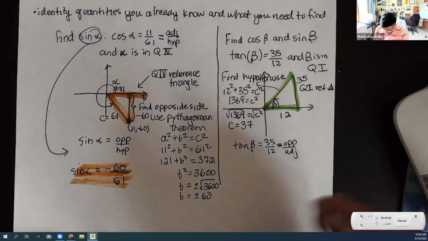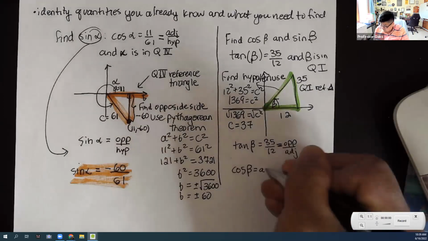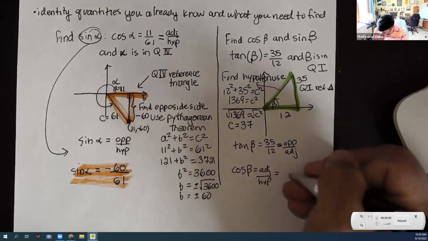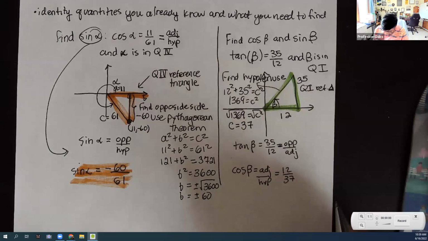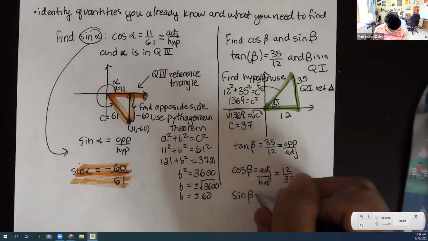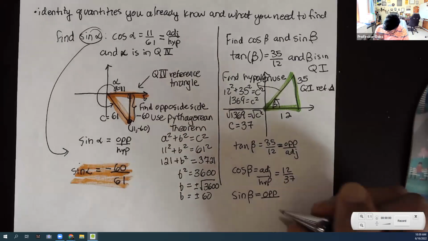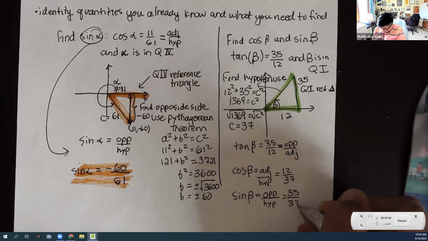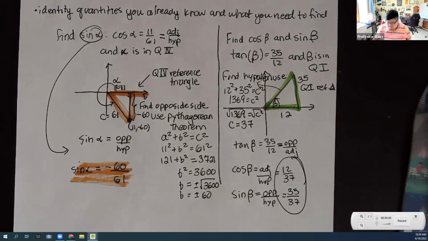Then remember, you need the cosine of beta, which is adjacent over hypotenuse, so 12 over 37. And then you need the sine of beta, which is opposite over the hypotenuse, so 35 over 37. So then you know the other 2 values that you need to substitute in.